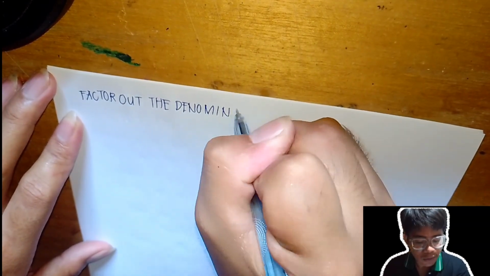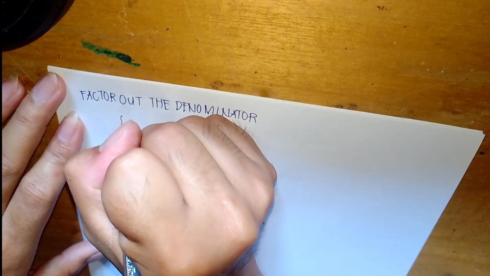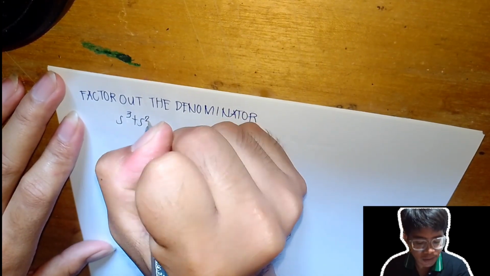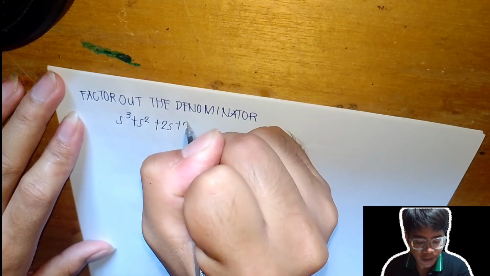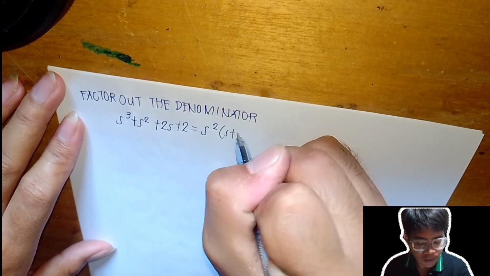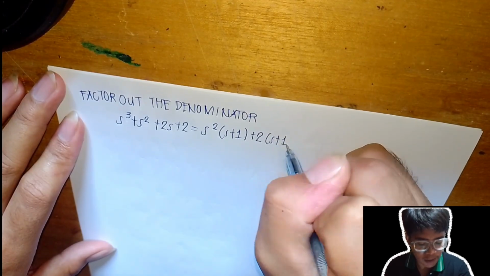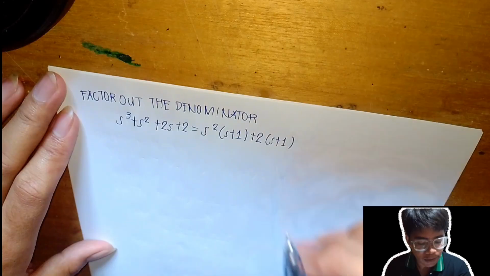Factor out the denominator. s cubed plus s squared plus 2s plus 2 is equal to s squared times s plus 1 plus 2 times s plus 1.